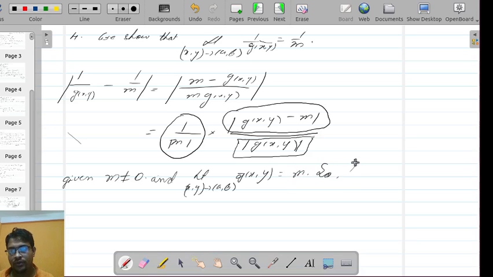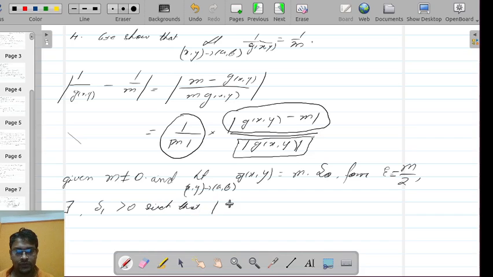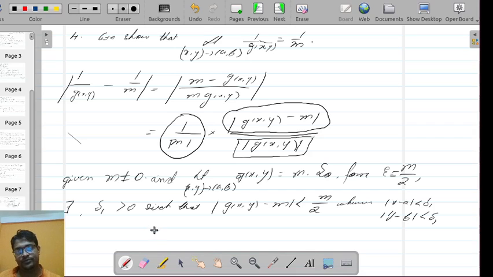So for say epsilon equal to m by 2, there exists a delta 1 greater than 0 such that mod of g of xy minus m is less than m by 2, whenever mod of x minus a is less than delta 1 and mod of y minus b is less than delta 1.